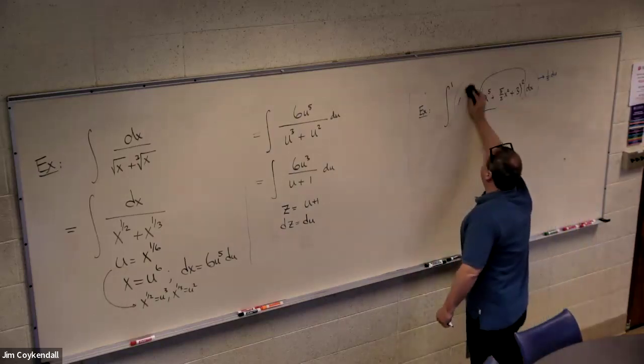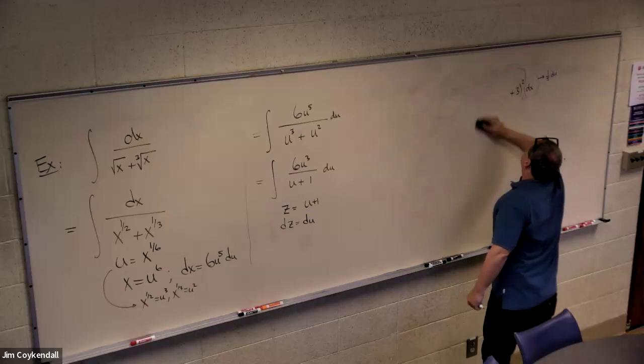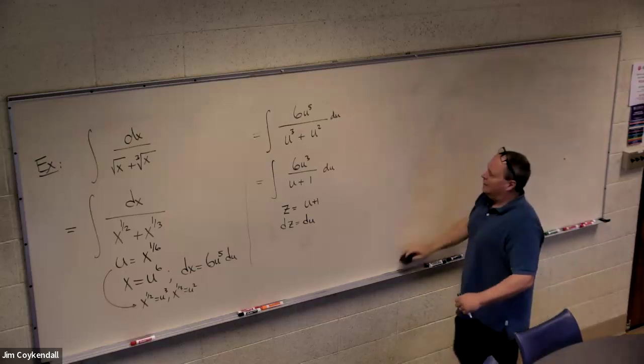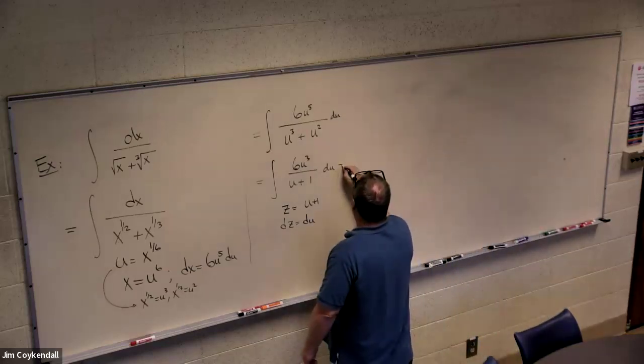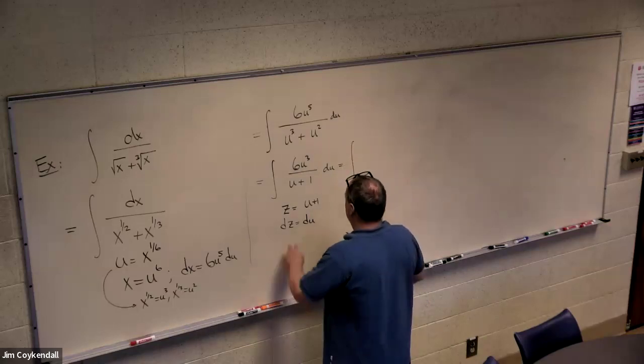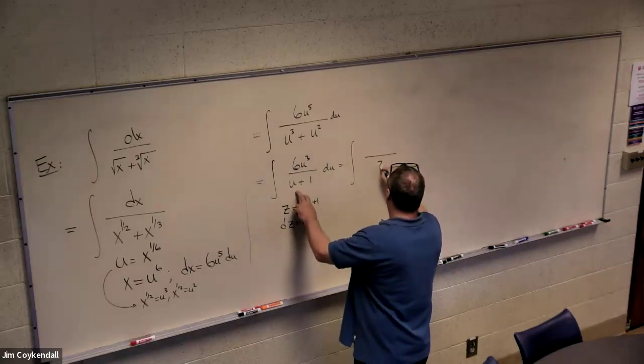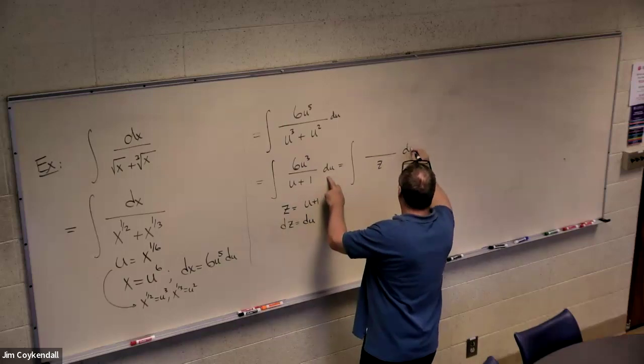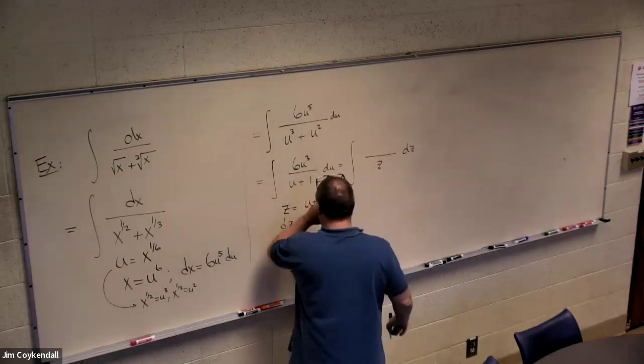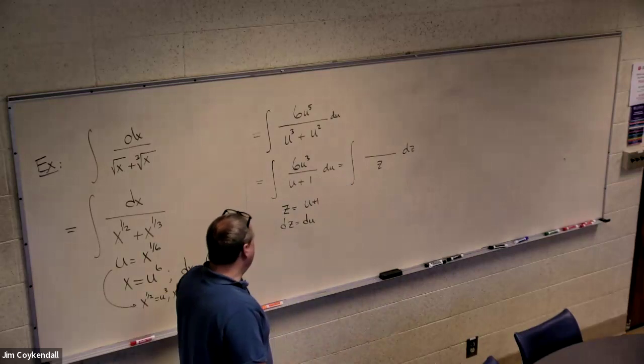So let's see what happens here. Well, now du and dz are the same thing. That's good to go. What about the 6u cubed business? What am I going to do with that?